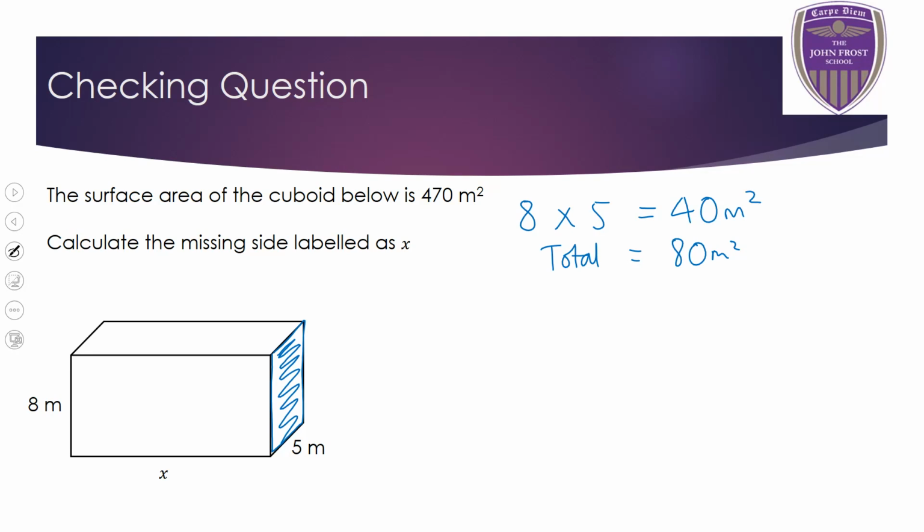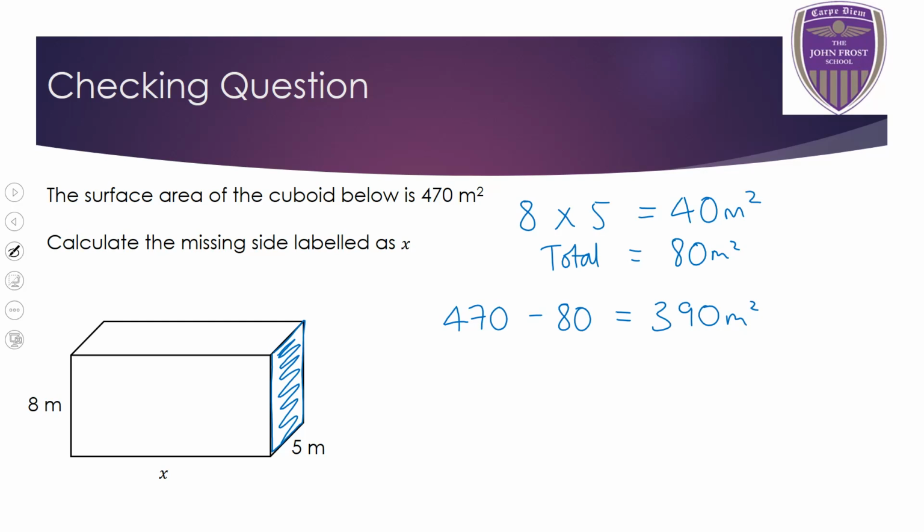Whatever's left over can help us to work out what x is. So what I'm going to do now is take the 80 that we've just worked out away from the 470 in total, which is 390 meters squared. So a little bit of algebra is involved in this one.